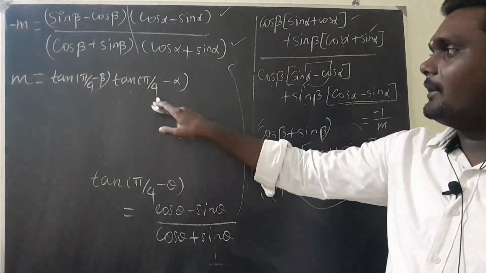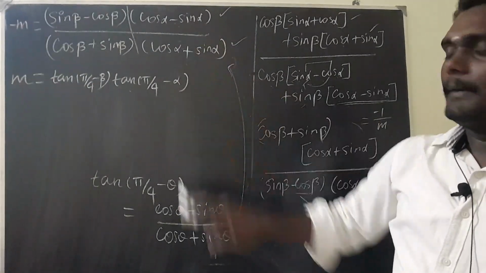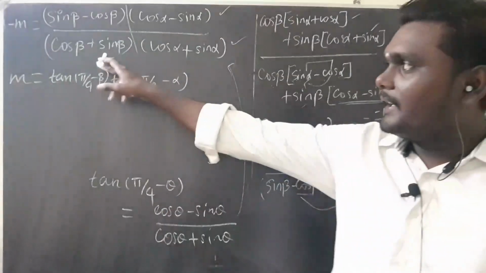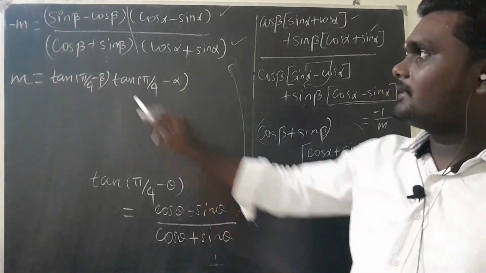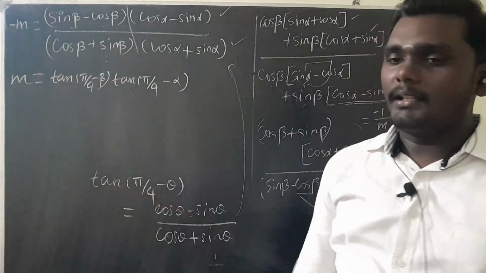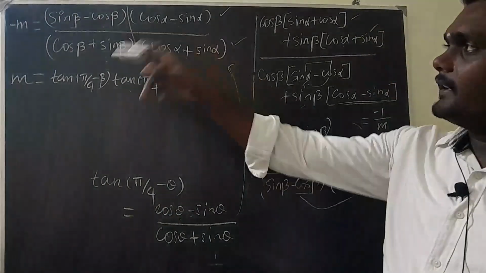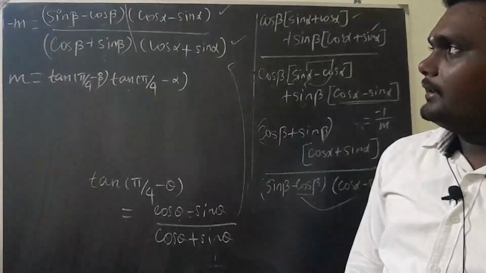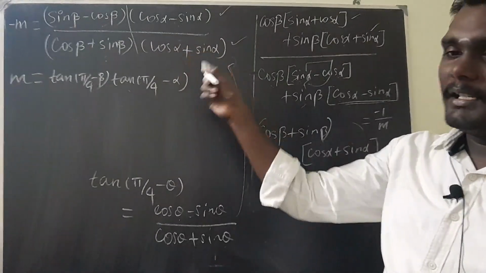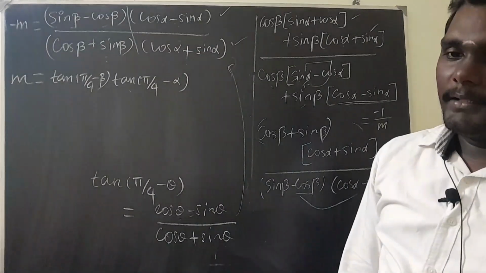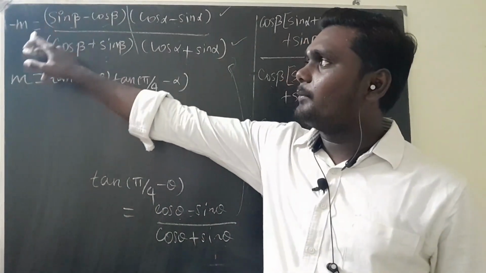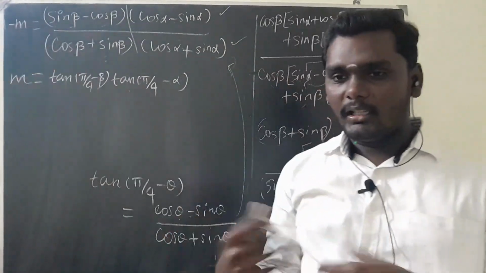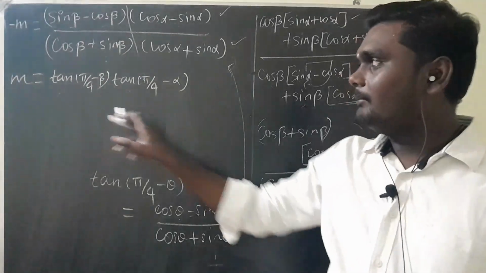So I wrote tan pi by 4 minus, in place of theta we have alpha. The same applies here, but for that we need cos theta minus sin theta. That means cos beta minus sin beta should be there. So I took again one minus common, that made sin beta minus cos beta as cos beta minus sin beta. Okay. Now the taken out minus and the already existing minus both get cancelled. I got the value of m like this.